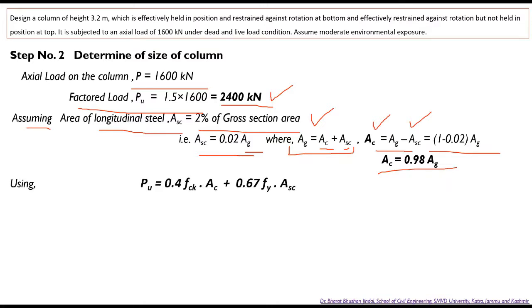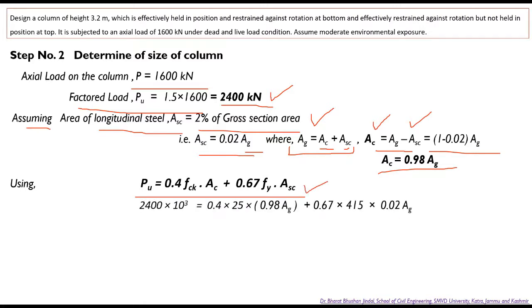Using the earlier equation which we discussed in lecture number 23, Pg is equal to 0.4 fck Ac plus 0.67 fy Asc. Since we have calculated Pg as 2400 kilonewton, we can put the data in this equation.